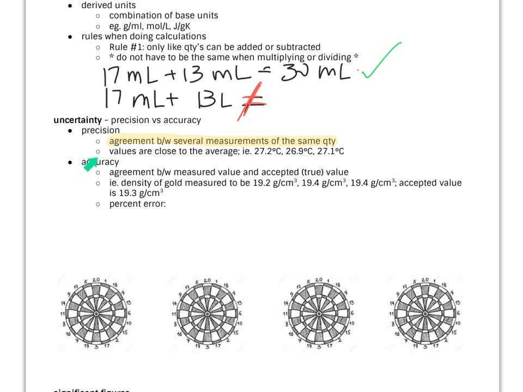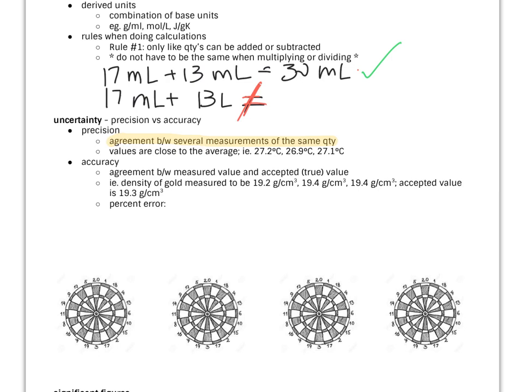Okay, so the values are close to the average, meaning that if you average them all together, they're within a pretty close range. For example, 27.2 degrees Celsius, 26.9 degrees Celsius is only 0.3 degrees more. And then 27.1 is very close to all of those others. And that is precision, and we'll do a little diagram in a second.